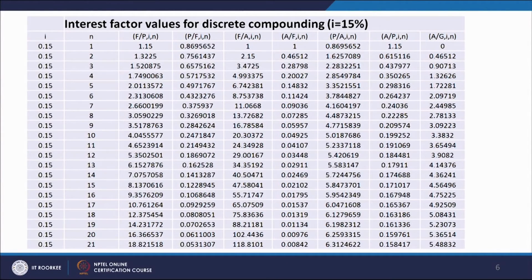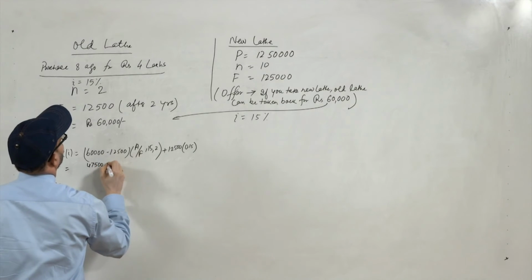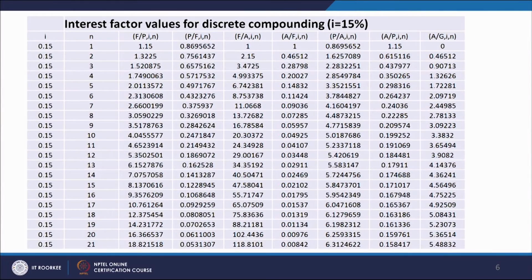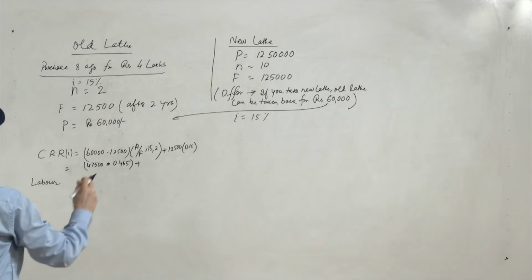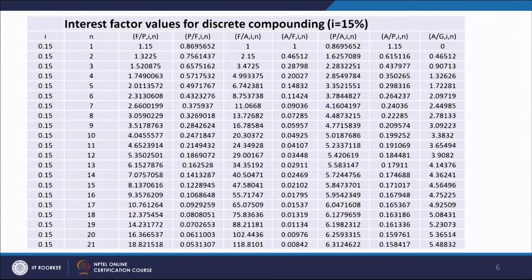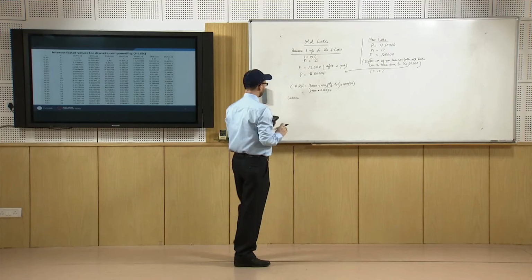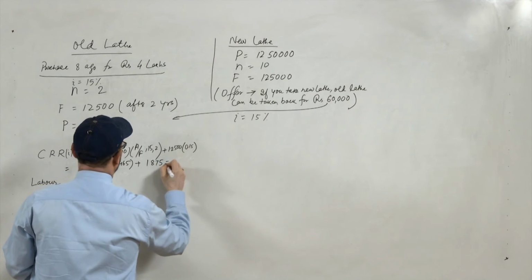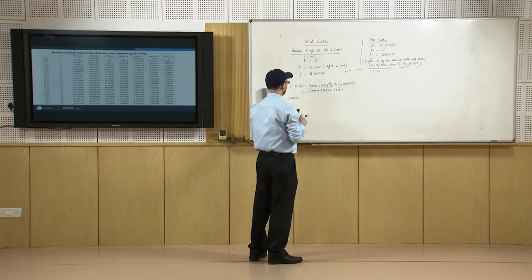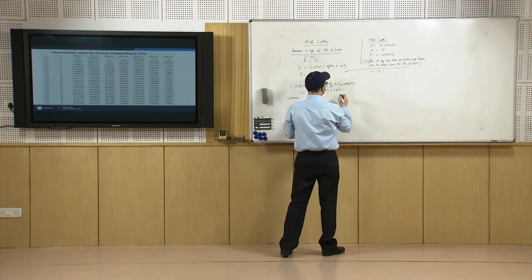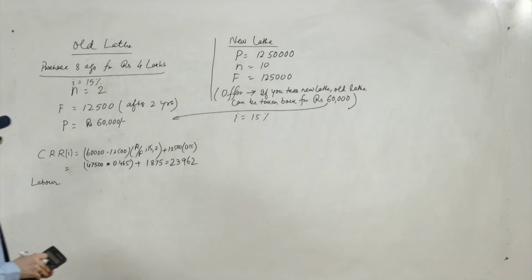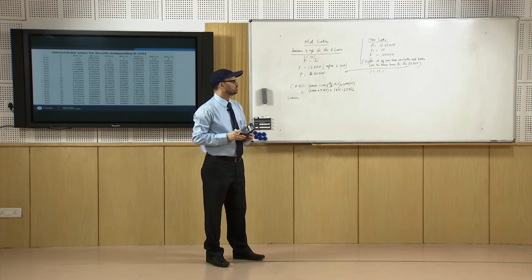So, it will be 47,500 into 0.465 plus 12,500 into 0.15, so it is 1875. So, it comes out to be 23,962. So, this is the capital recovery part for the old machine.